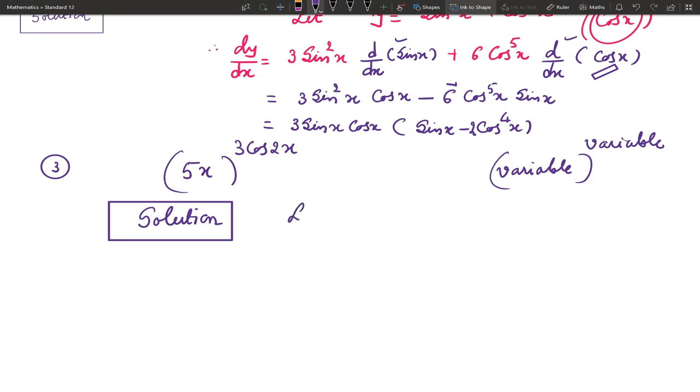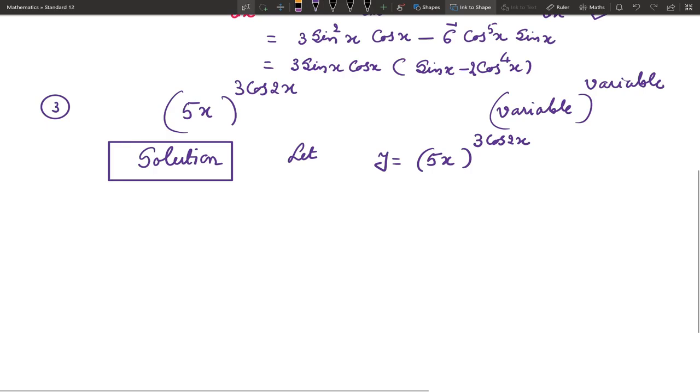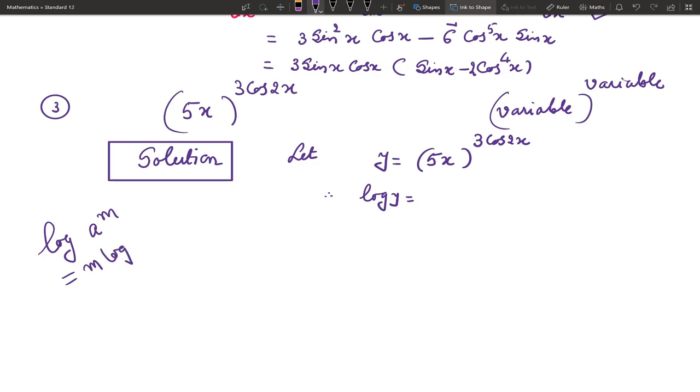So as usual, let y equal to 5x raised to 3 cos 2x, taking log, so log y. On the right hand side use this formula, log a raised to m, m log a.